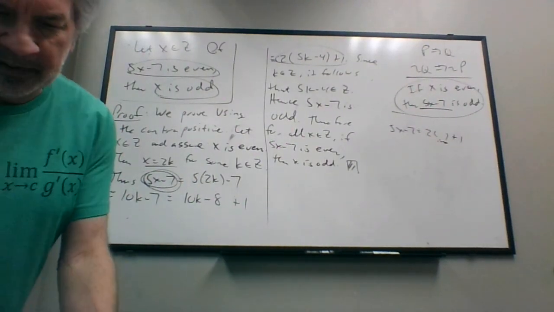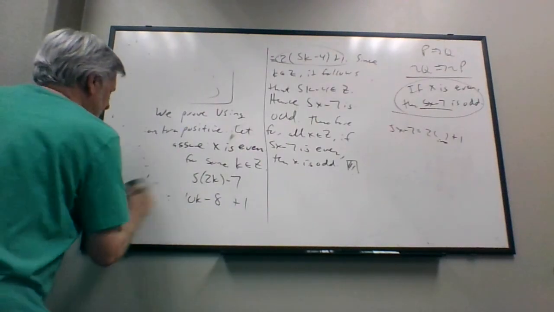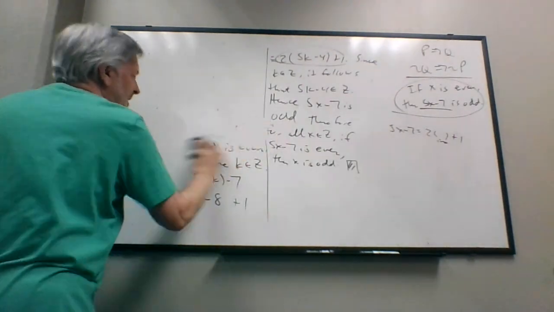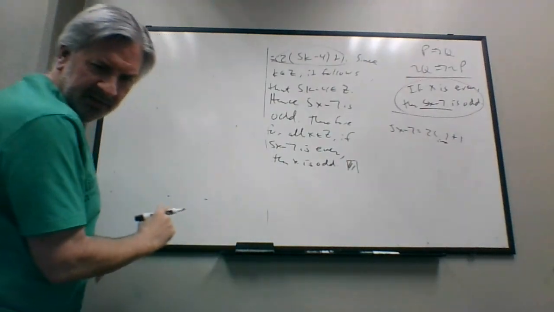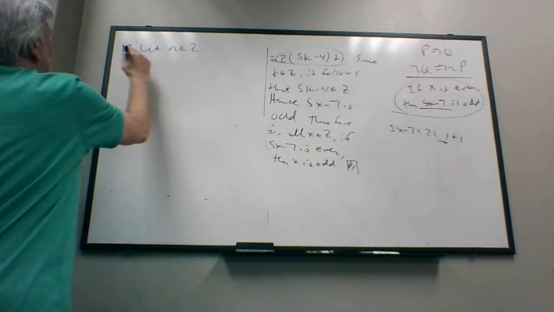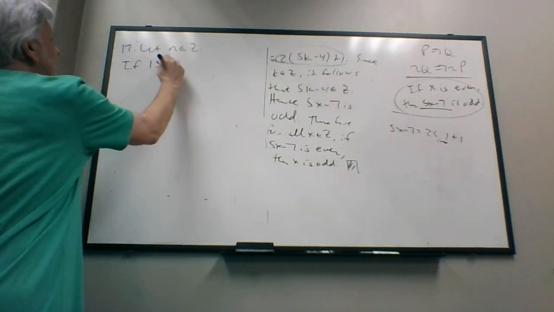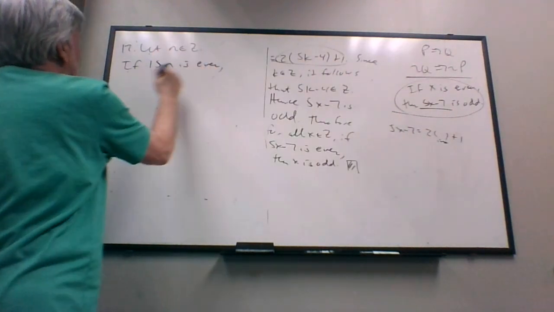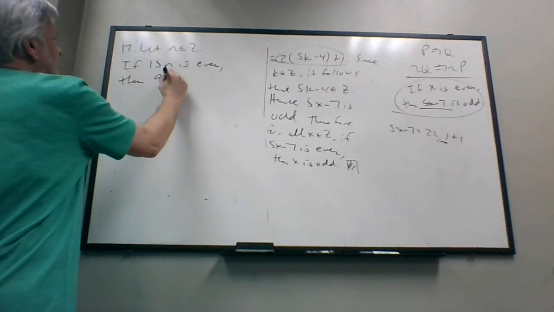Okay, let's do another one here. Number 17. It's the same flavor, but there's something small I think we need to do here. It says let n be an integer, and it says if 15n is even, then 9n is even.